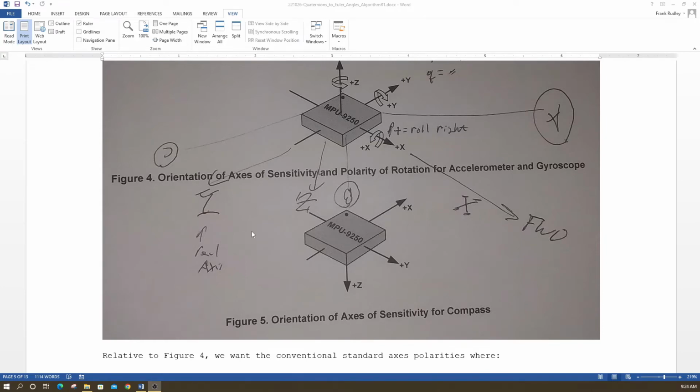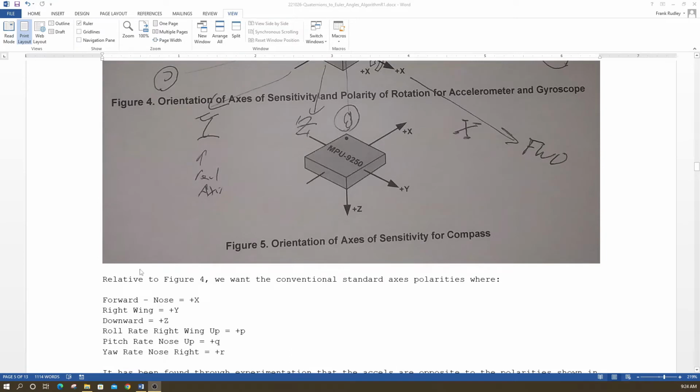So relative to figure 4, we want the conventional standard axis polarities, where forward nose is plus x, our right wing is plus y, and downward is plus z. This is what we desire. So we want roll rate right wing up.